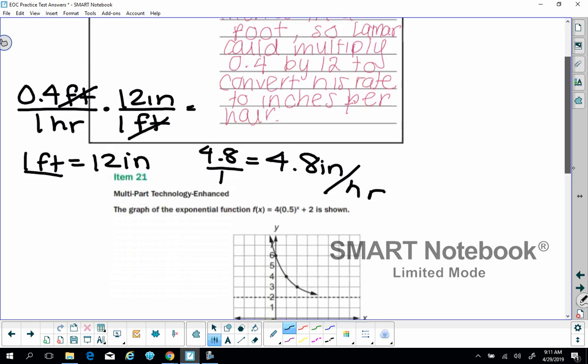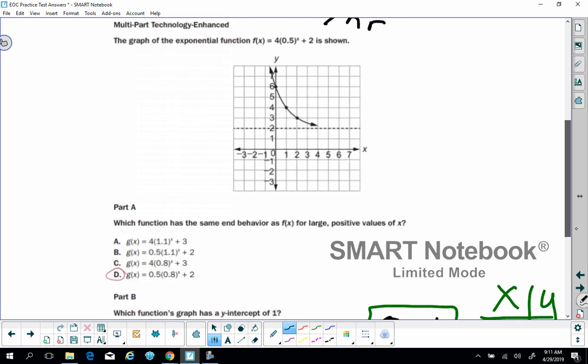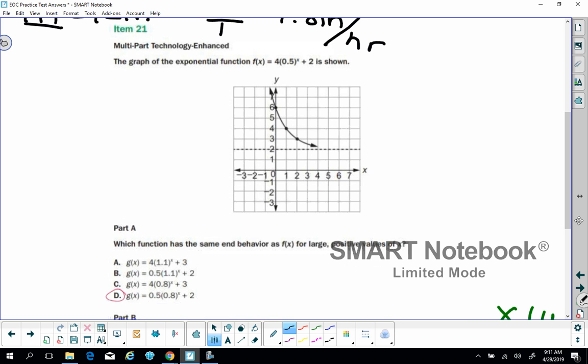Last two questions. This one, they're looking at the end behavior, similar to one we had earlier. We know end behavior has to do with our asymptote, which is where the graph is ending or taking off. And so we can see our asymptote is when y equals 2.